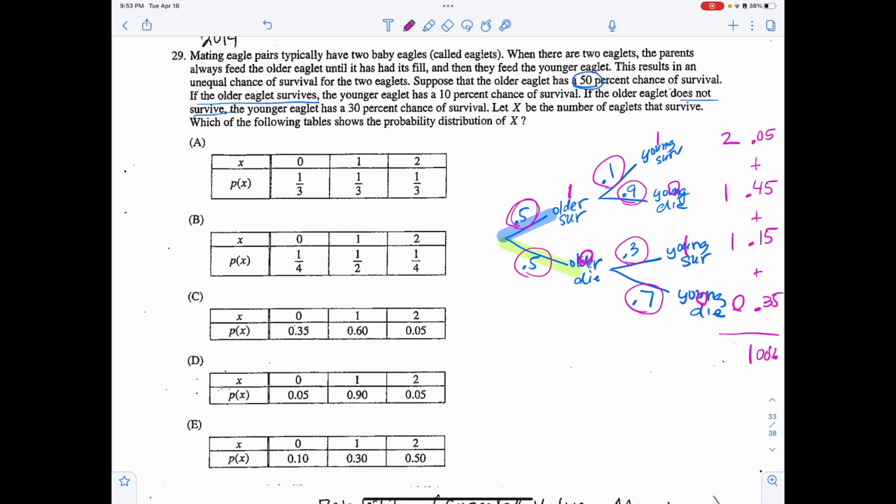So I am able to put these 2 together, because they both represent 1 eagle living. And so that means I have a 5% chance for 2 living. I have a 60% chance of 1 living, so that's 60%. And a 35% chance with none of them living.